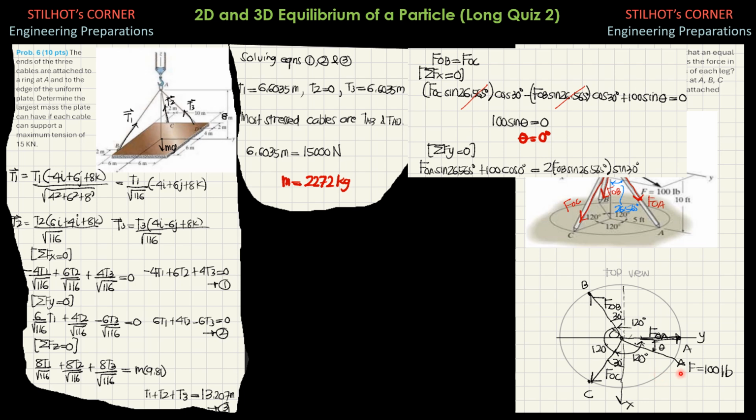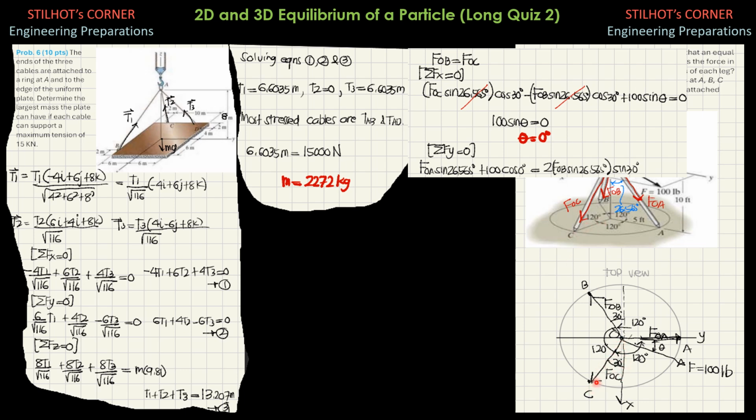Summation forces X equals 0. So we have this component of FOC. First is this shadow here, which is FOC sine of 26.565 degrees. So it is directed in that direction, which is now here.